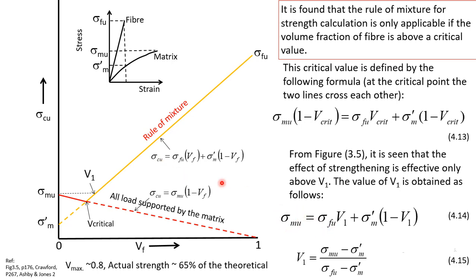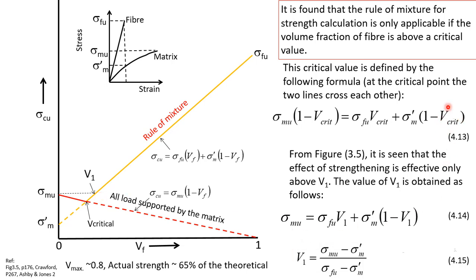So sigma Mu is equal to sigma Fu V1 plus sigma M dash (1 minus V1). Solving this equation, we can find V1 equal to sigma Mu minus sigma M dash over sigma Fu minus sigma M dash. So using this equation, we can find the value of V1, that means the fiber fraction beyond which we can achieve some strengthening in a composite.